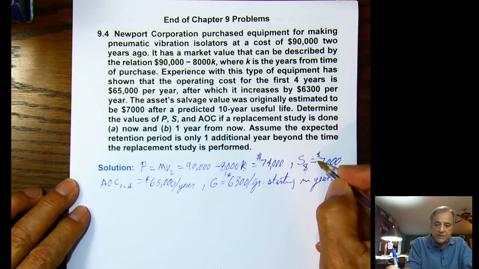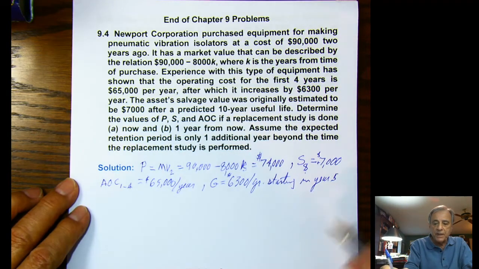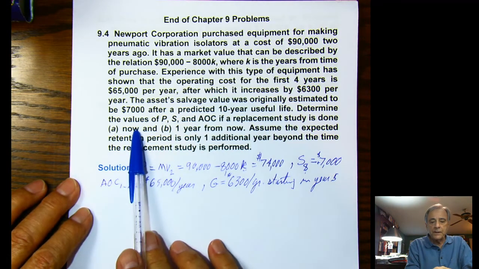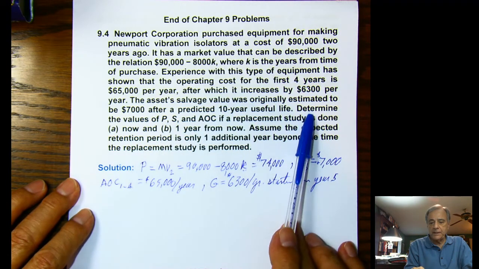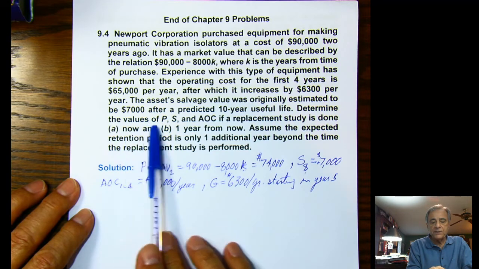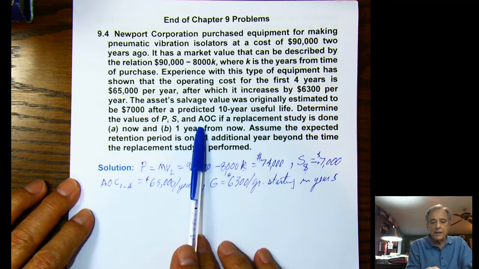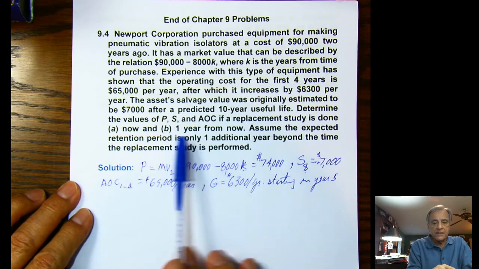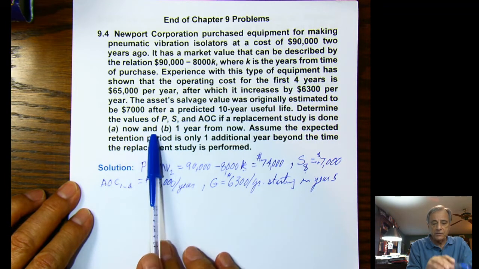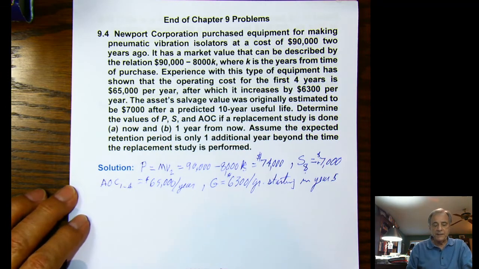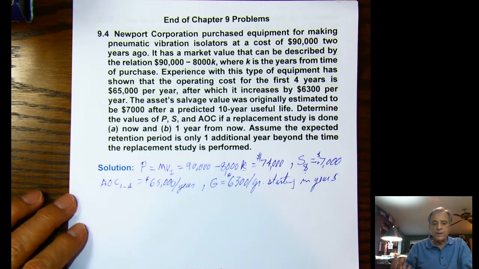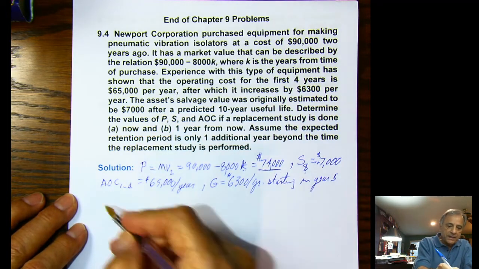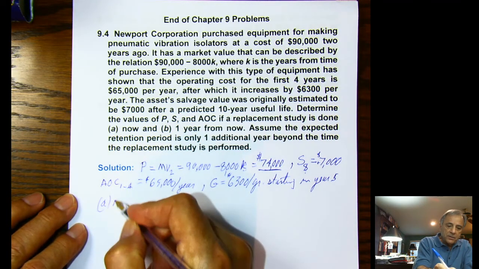And that's a plus, whereas all these others are minus. The author says then determine the values of P, S, N and AOC if a replacement study is to be done now. So we're thinking about replacing this now. What's the present value of the system? Well, we found that out. That's part A for now.